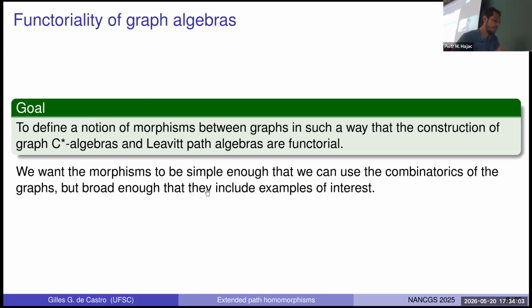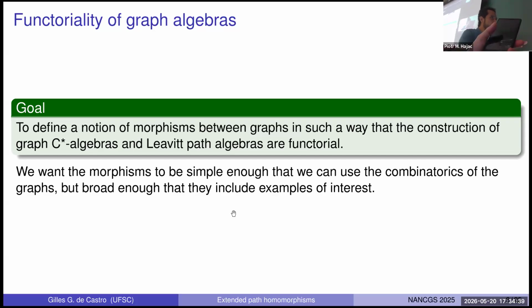The point is that we want these morphisms to be simple enough that we can really use the combinatorics of the graphs, but broad enough that they include a lot of examples that we are interested in studying. So a couple of weeks ago, Ralf gave a talk on groupoid actions. We can define a morphism between graphs using groupoids, but I'm not going to talk about this construction in this talk.